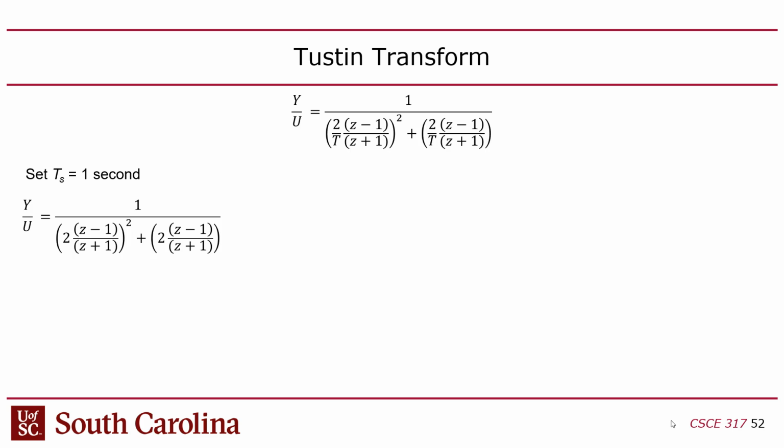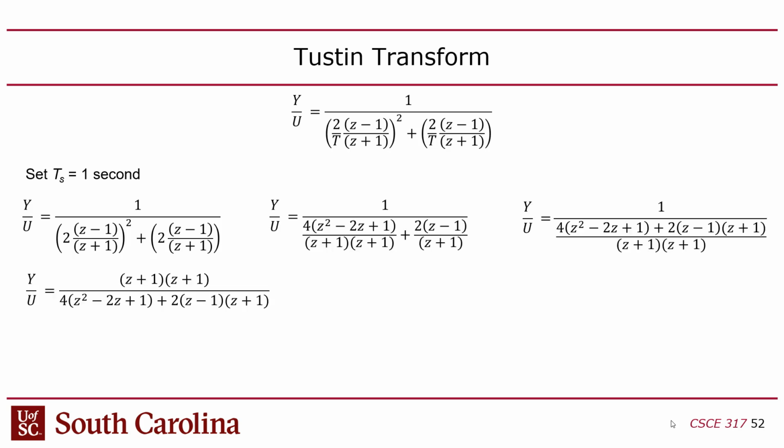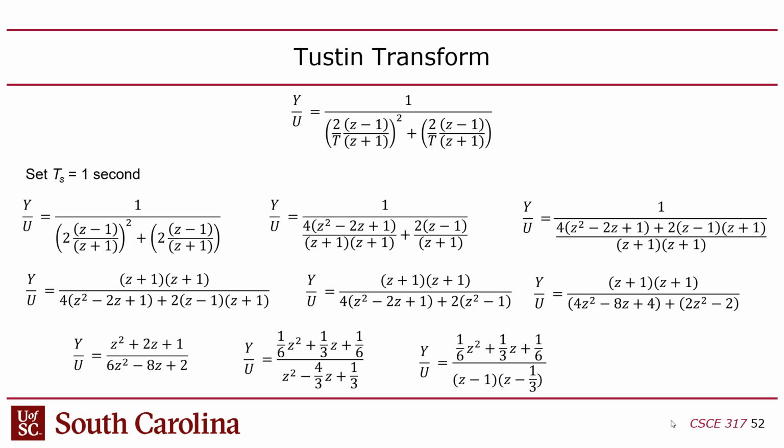That allows me to take out the T, and then I have to work this out to where I get a sensible transfer function, which is this. When I say sensible, I mean I can easily find the poles. So I found the poles. I got a pole at 1 and a pole at 1/3.